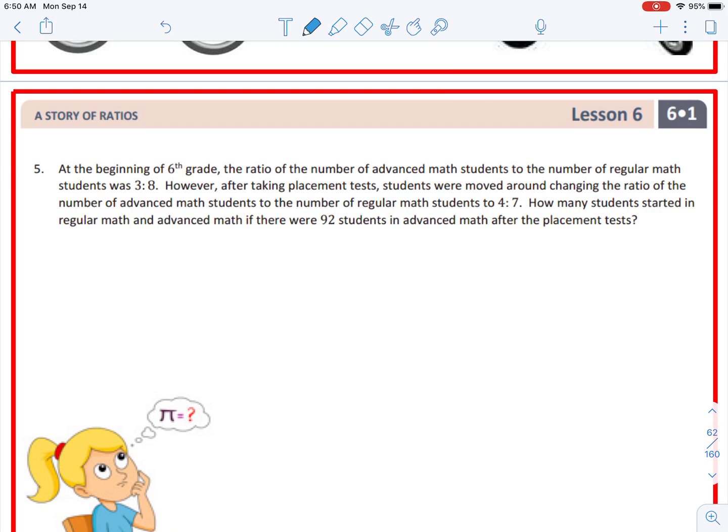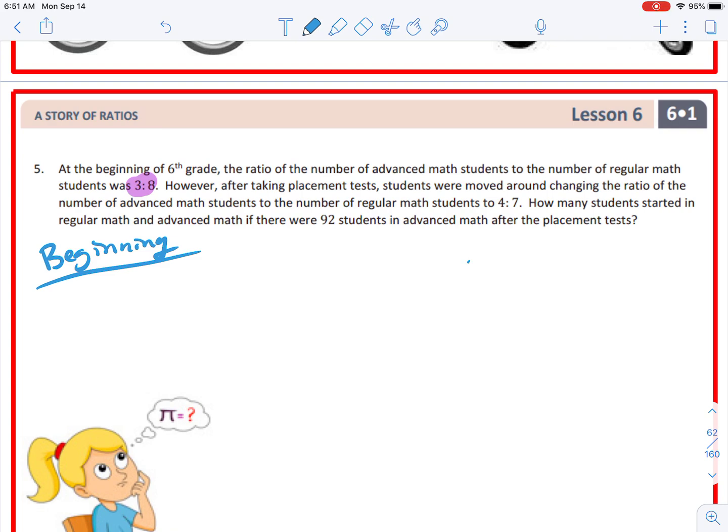Number 5. At the beginning of 6th grade, the ratio of the number of advanced math students to the number of regular math students was 3 to 8. So let's highlight that. And this is the beginning. However, after taking the placement test, students were moved around, changing the ratio of advanced students to regular math students to 4 to 7.